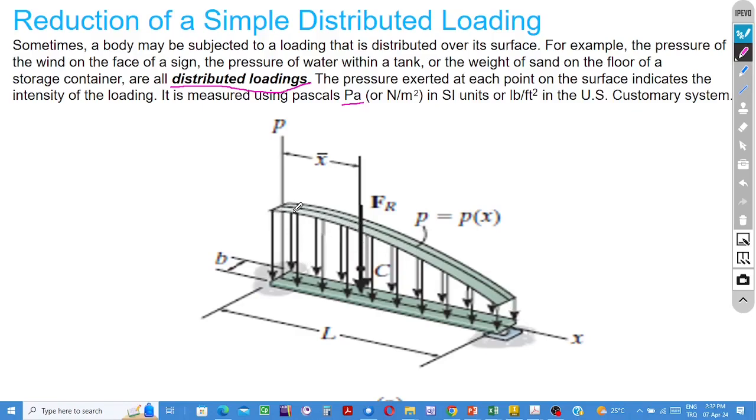The pressure is changing. Here it is greater, there it is smaller. There is a distribution in the x direction. But in the other direction, let's say the y direction, it is uniform.